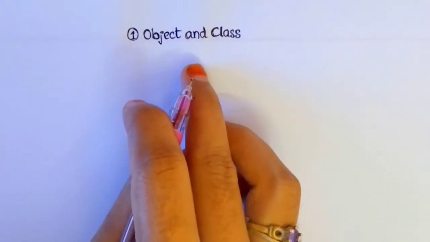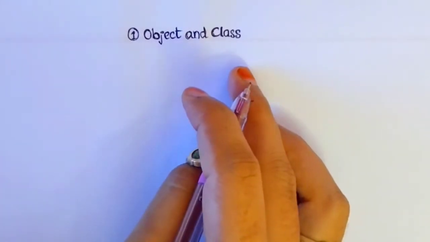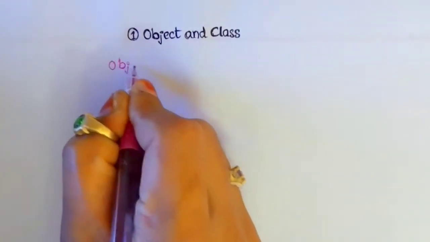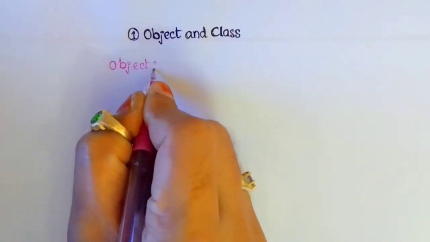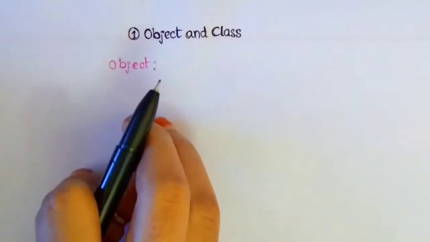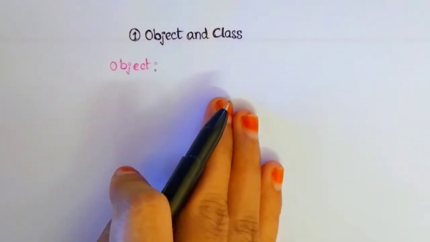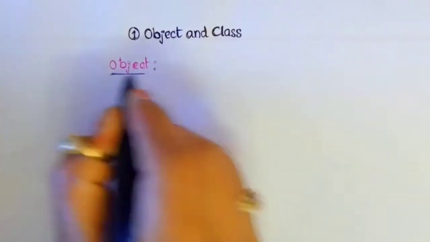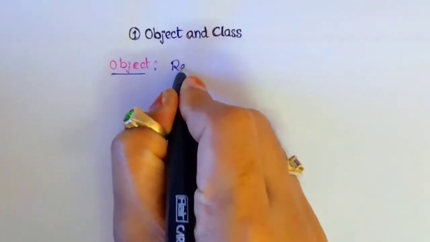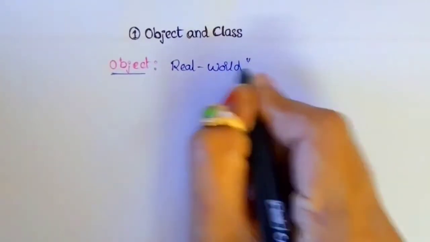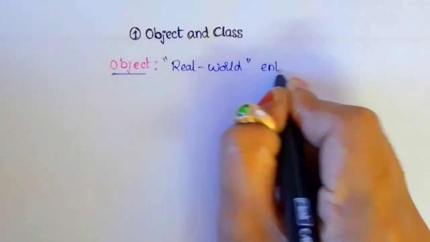Coming to the object and class. What is an object? Object is a real world entity. It has some behavior and state. Let's write. Object is a real world entity.